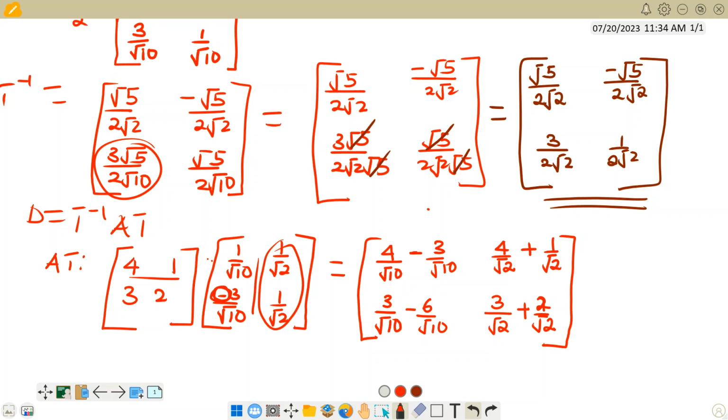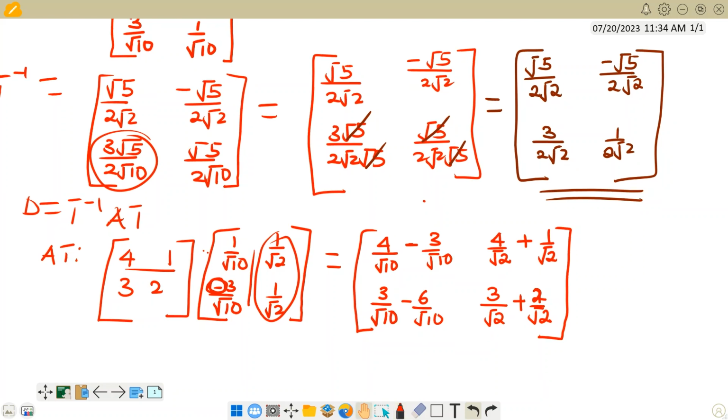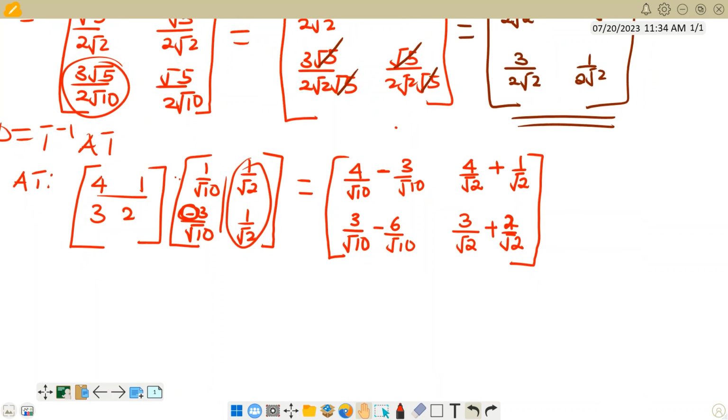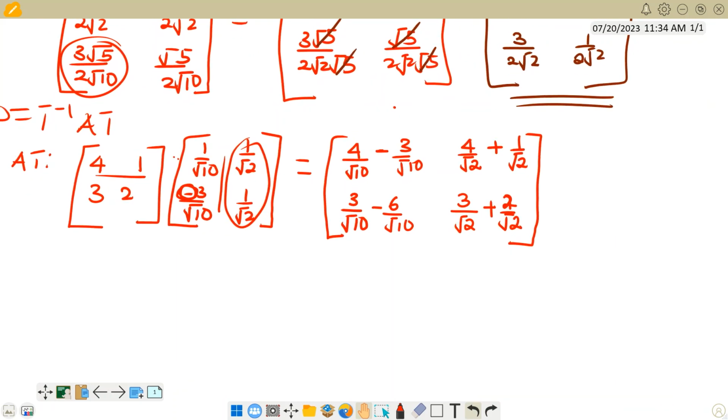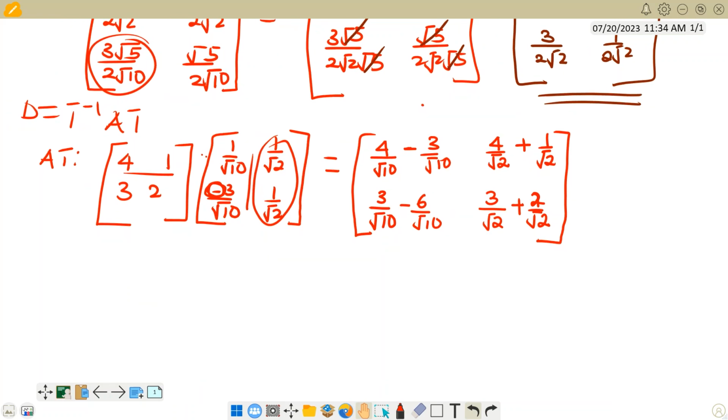So now what we have here is A times t, which can still be simplified somehow. So can we do that? Yes, we can, by subtracting and adding. Since the denominators are the same throughout, you can just deal with the numerators and maintain the denominators. So 4 minus 3 there, we're going to have 1 over square root of 10.